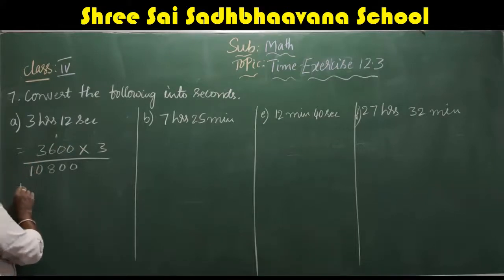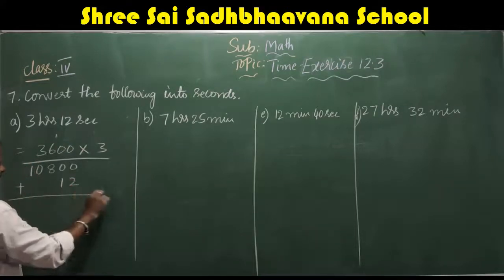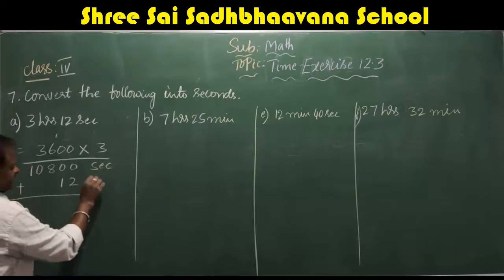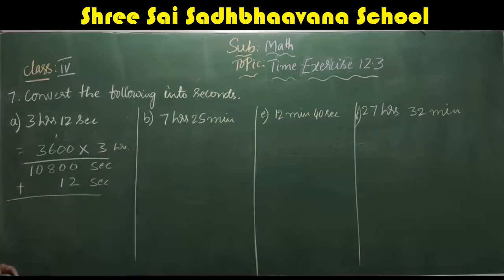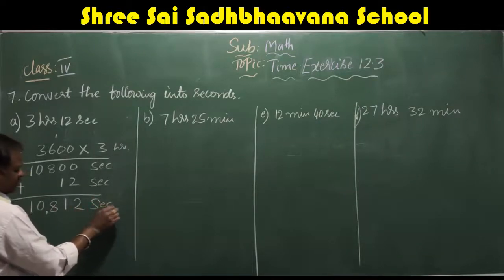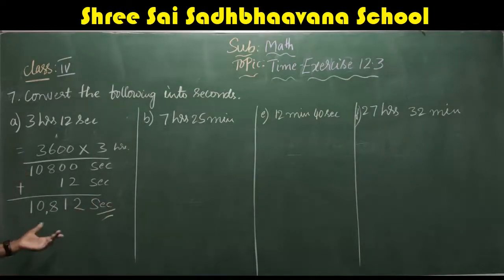Next, add 12, because they have given seconds: this is seconds, this is also seconds, this is hours. Now add: 2, 1, 8 as it is, 0, 1. 10,812 seconds. That is in 3 hours 12 seconds.